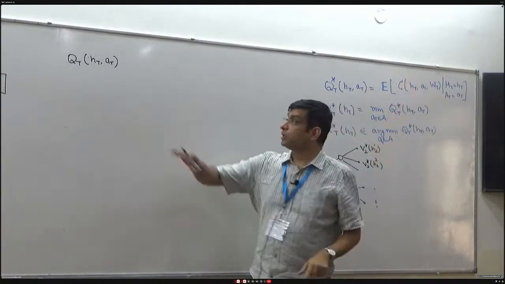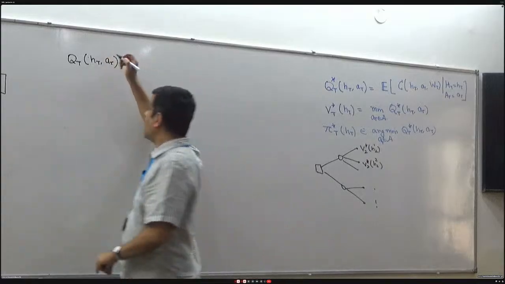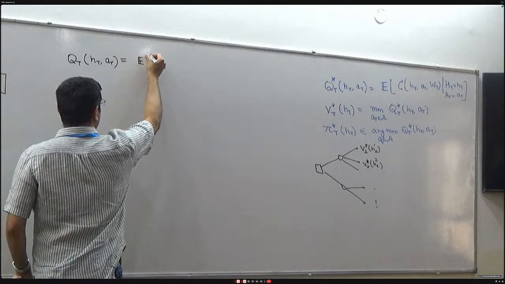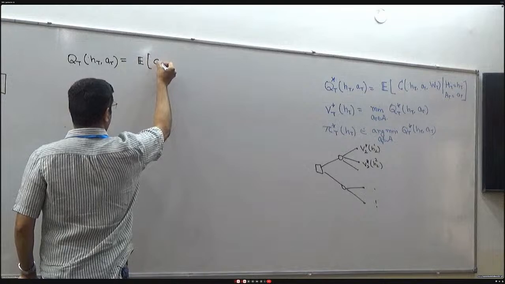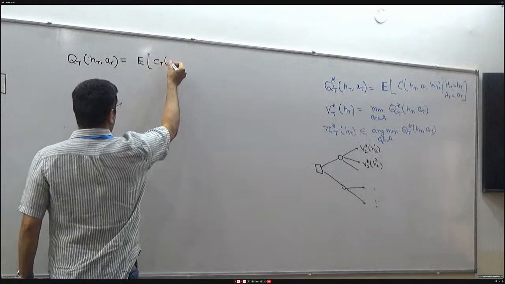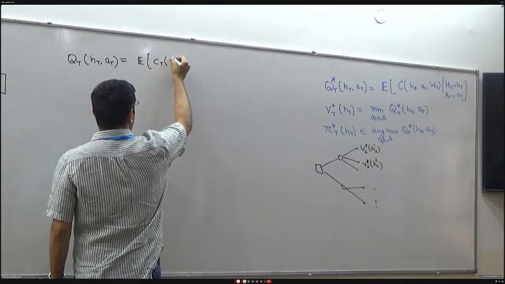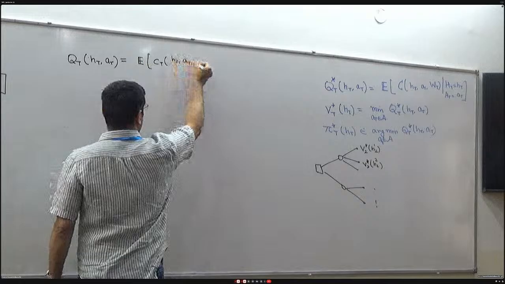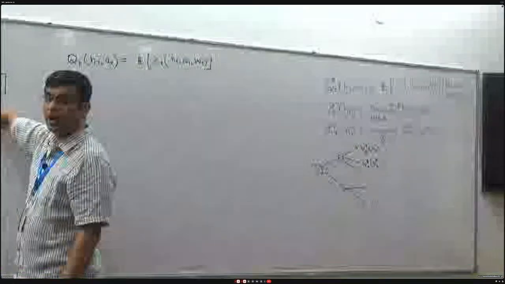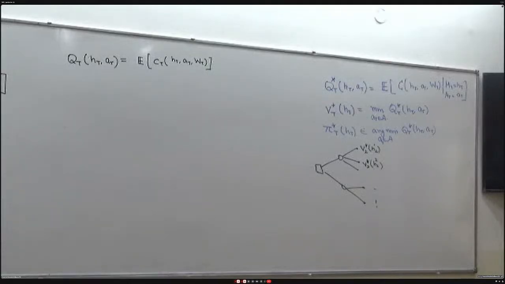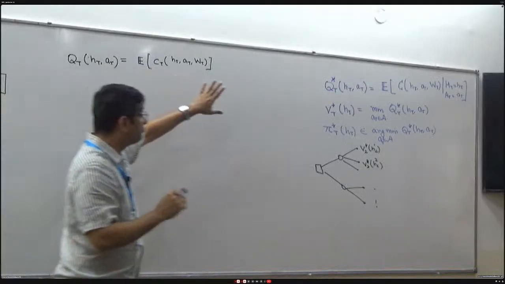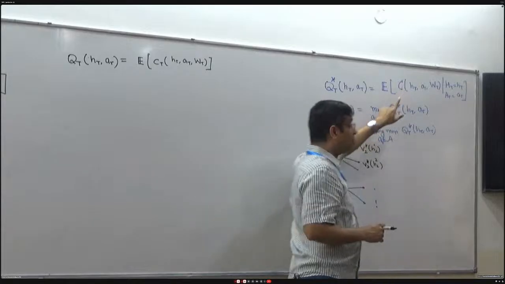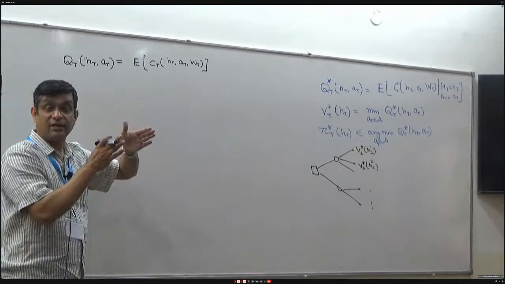I'm going to now do something very different. I'm going to just look at the expected value of the little c capital T of H capital T, A capital T, and W capital T. And for simplicity, I'll say that both assumptions 1 and 2 hold, just so that I don't have to write conditional expectations. Okay. So under assumptions 1 and 2, this kind of looks the same, but here this was the cumulative cost along the trajectory, while here this is just the cost that I incur at the last time step.